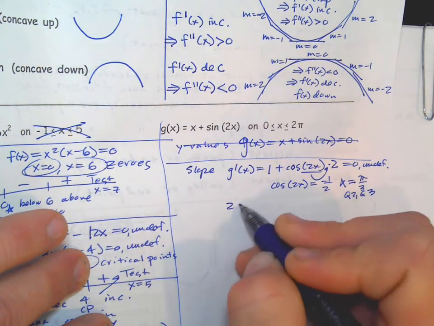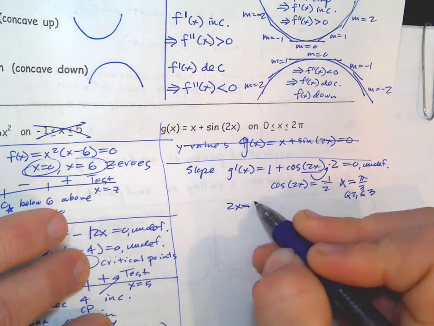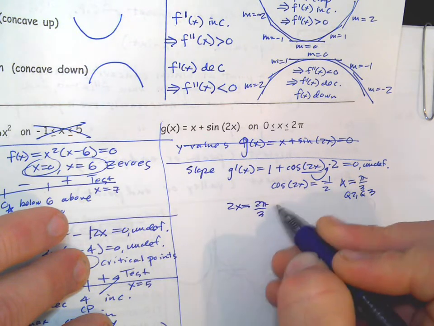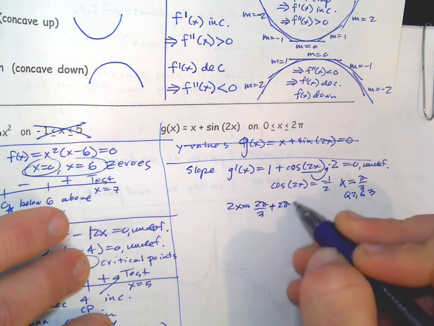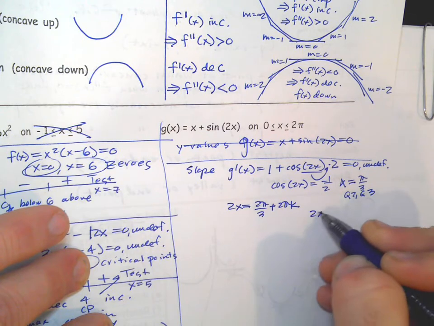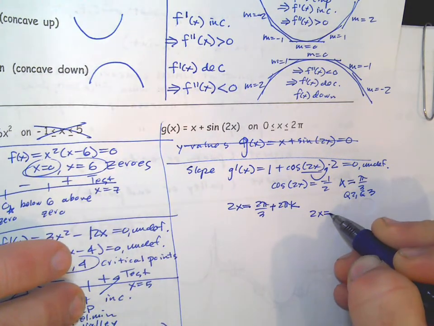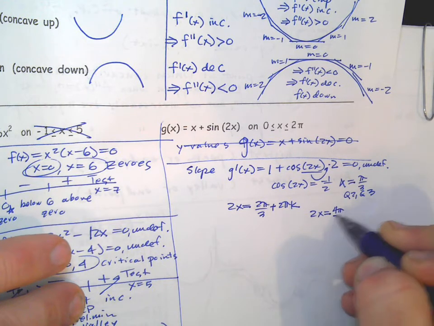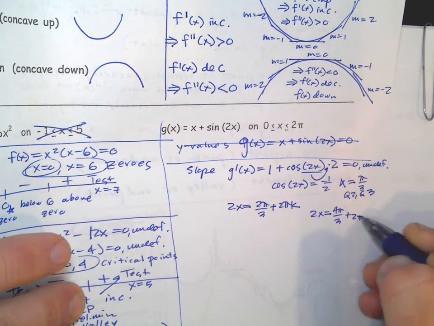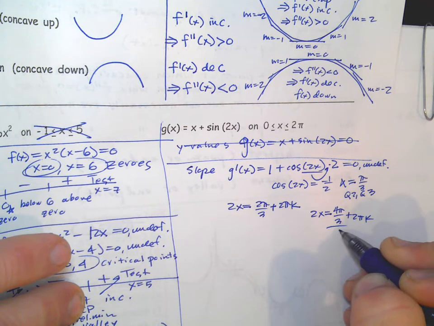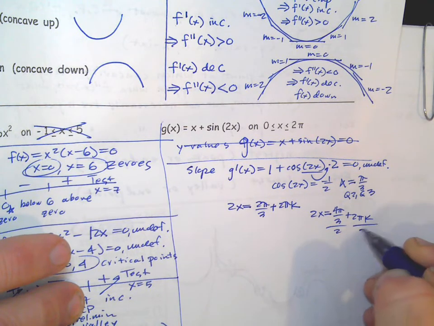So then we'll do 2x equals, quadrant 2 would be 2 pi over 3 plus 2 pi k. And quadrant 3 would be half circle, pi plus alpha, so 4 pi over 3 plus 2 pi k. And then we would divide everything by 2.